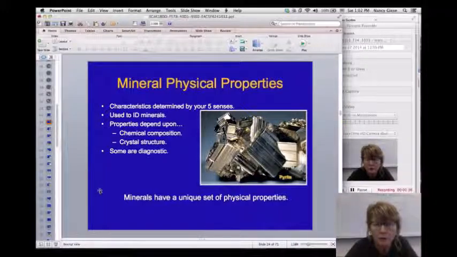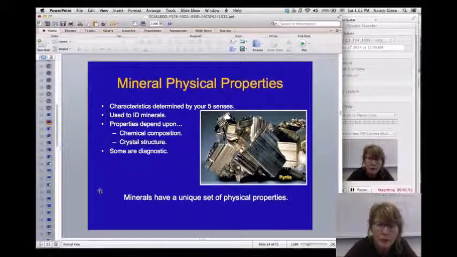So they're useful or necessary to identify minerals, and the properties that each mineral possesses depend largely on the chemical makeup of the mineral: what elements are present in what proportion. But it also depends on how the atoms are arranged, the crystal structure of the mineral, and the strength of the bonds.